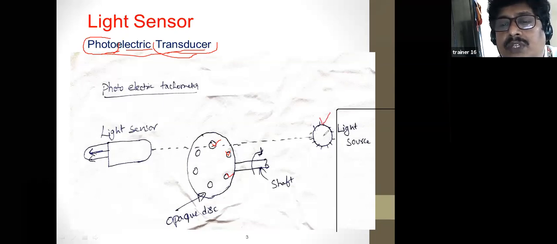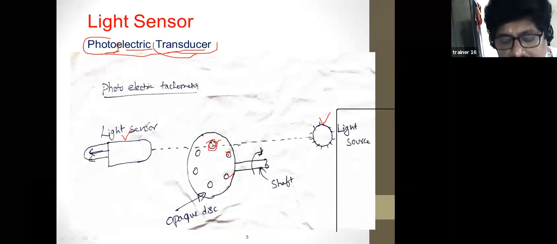These two are in an inline arrangement. When the shaft rotates, the disc also rotates. Once the disc rotates, the light from the source passes through the hole, and that light is received by the sensor.